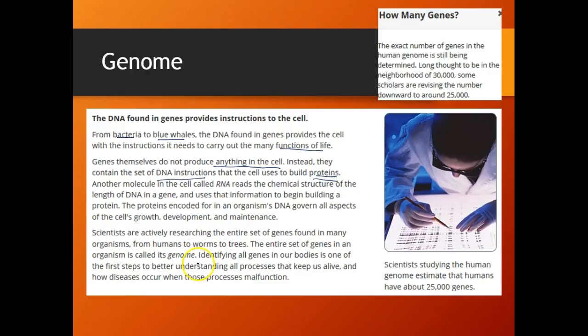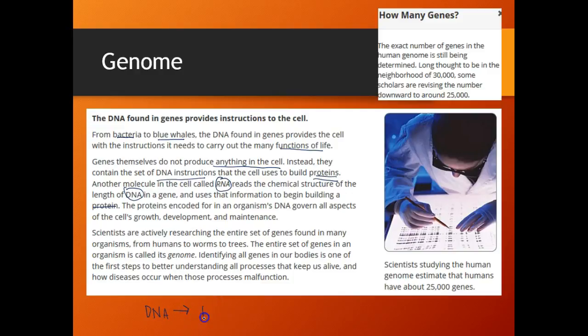Okay, so how exactly do we do that? We have this really important molecule called RNA, and that RNA molecule reads the code from the DNA and uses that information to build a protein. So essentially, we start with DNA, right?